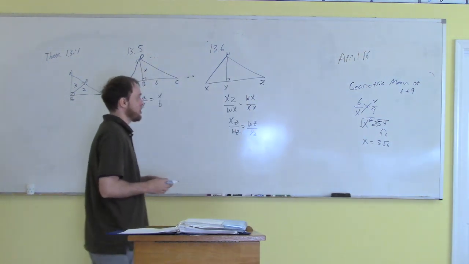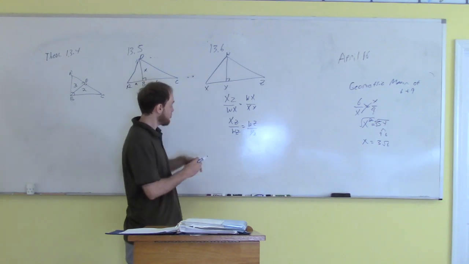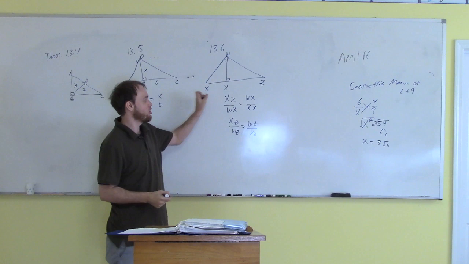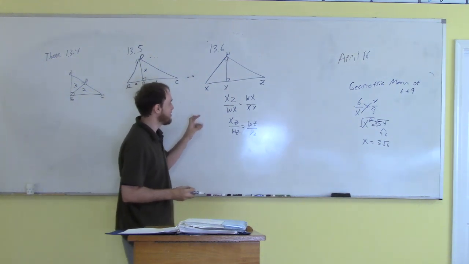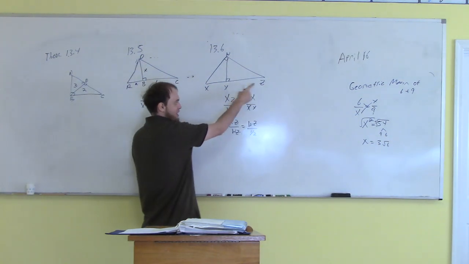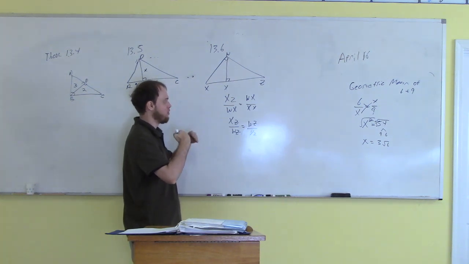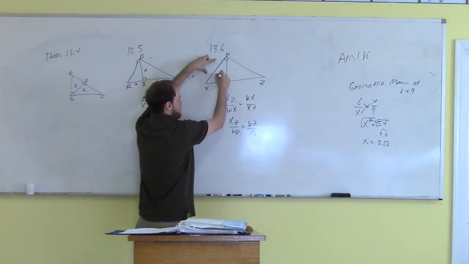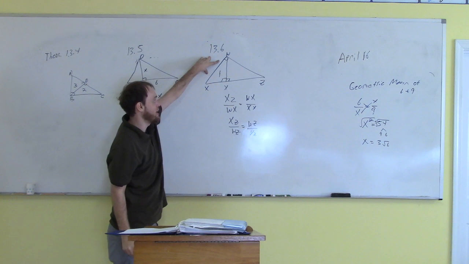And so the first thing we do is cut it from the right angle to the hypotenuse at another right angle.